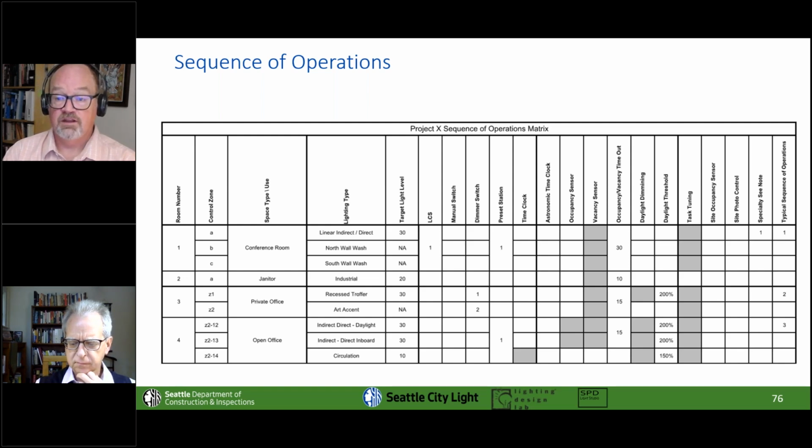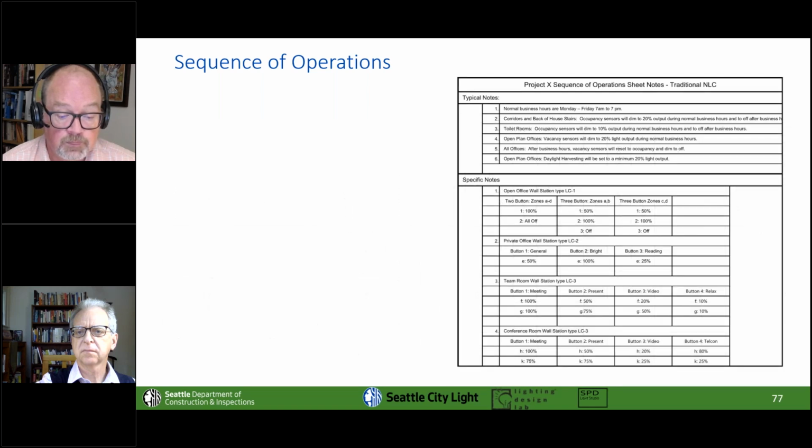Again, there's more detailed information on how this kind of thing gets set up in that lighting controls class that I've referenced a couple of times. Duane, the next slide, please. This is, again, sort of supplemental information that would be associated with that kind of matrix sequence of operations. Duane, next slide.